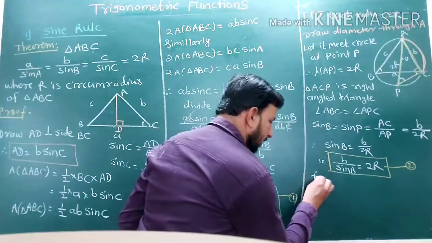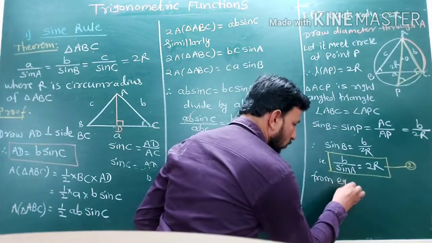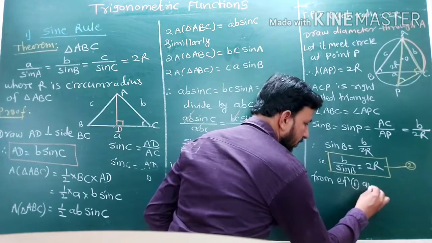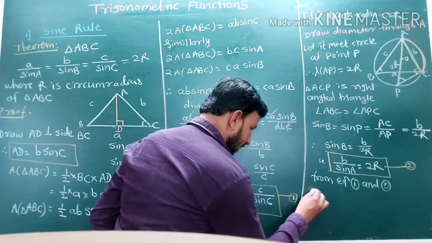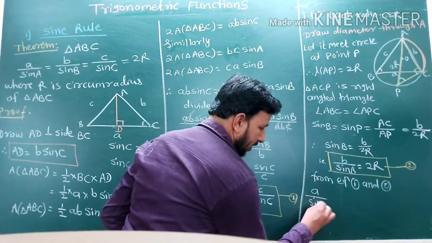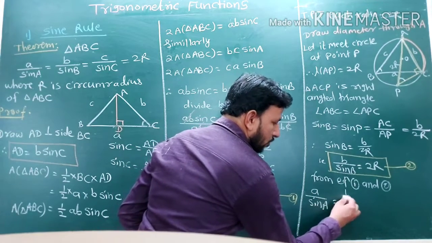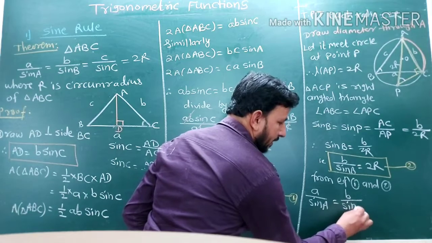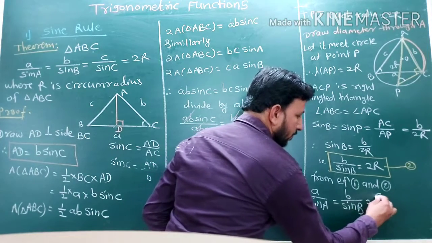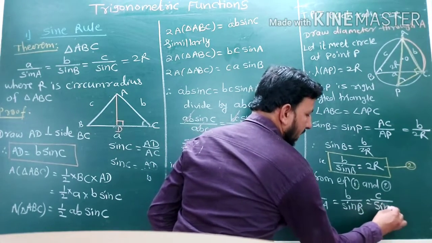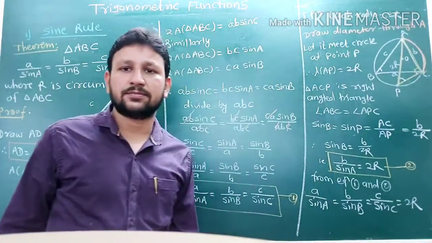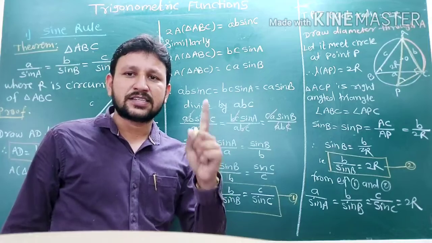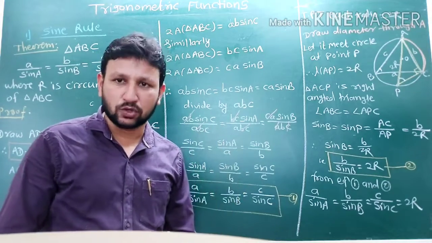Writing from equation 1 and 2, all ratios are equal, that is a upon sine A is equal to b upon sine B is equal to c upon sine C is equal to 2 times R. This is the statement of the sine rule.